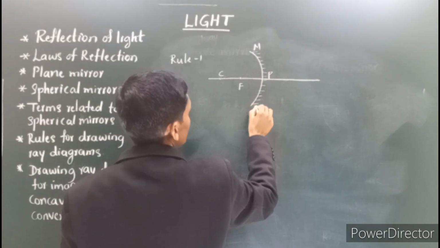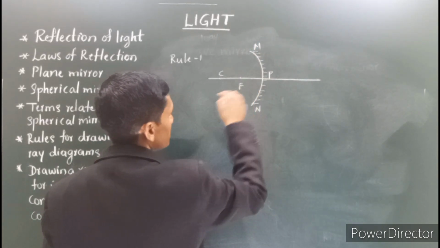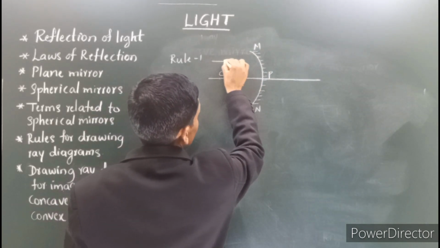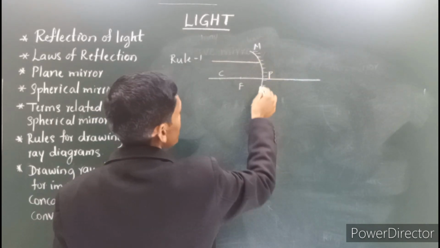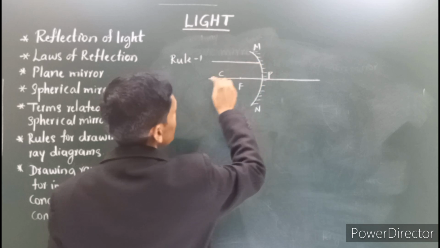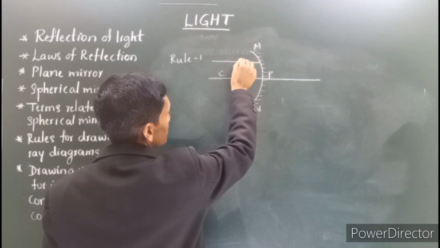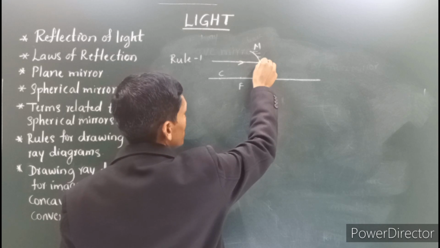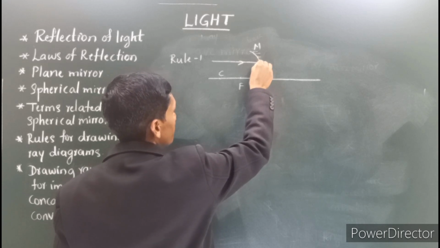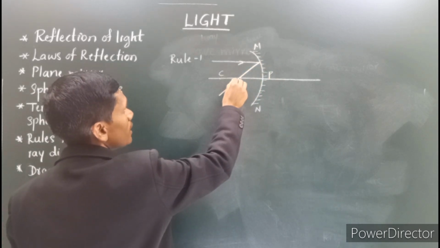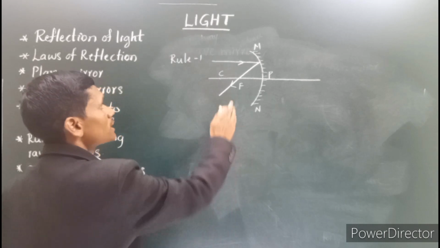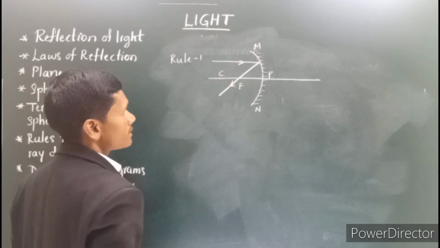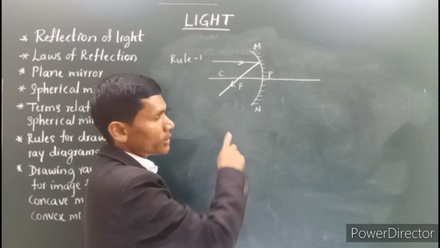Let us call the mirror MN. Now, a ray which is parallel to the principal axis, after reflection by a concave mirror, passes through the principal focus. You have to show it like this.